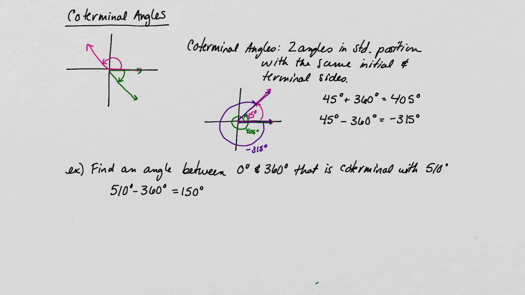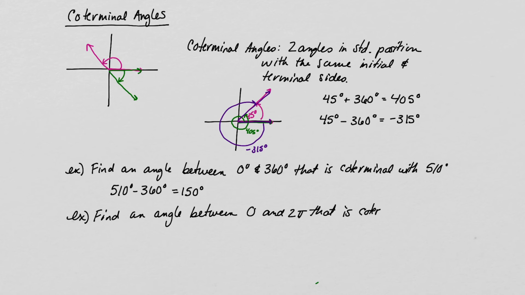You might also see problems written in radians, right? So find an angle between 0 and 2 pi that is coterminal with negative 2 pi over 3.